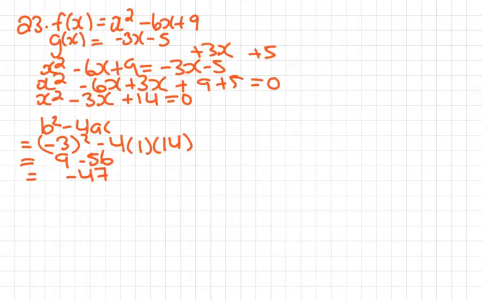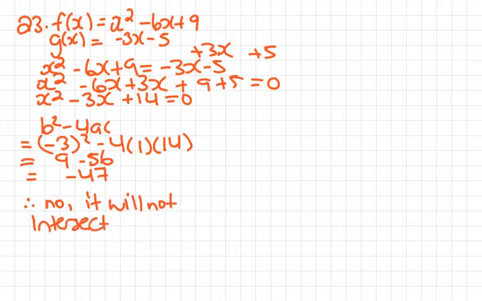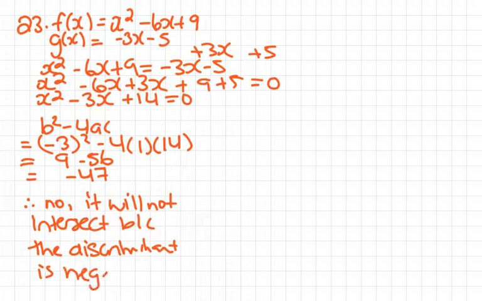So as soon as my discriminant is negative, I know that this isn't going to work. It's not going to have a solution. So therefore, no, it will not intersect, because the discriminant is negative.